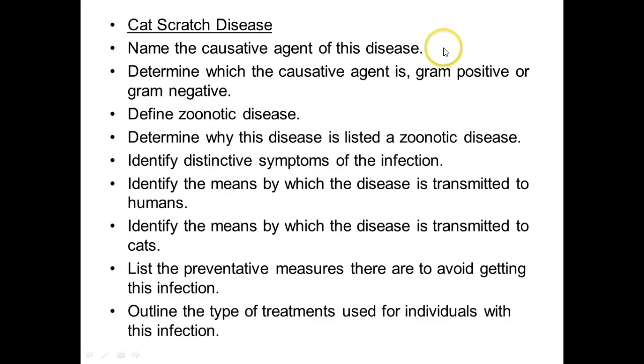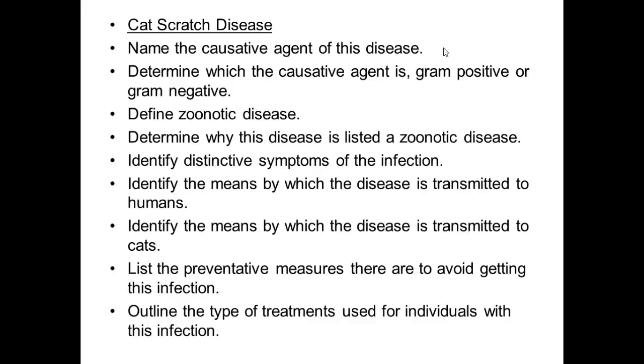So what's the causative agent of this disease? Bartonella henselae. Is it gram-positive or gram-negative? Gram-negative. What's a zoonotic disease? It's mainly in animals, accidentally usually transmitted to humans. So why?